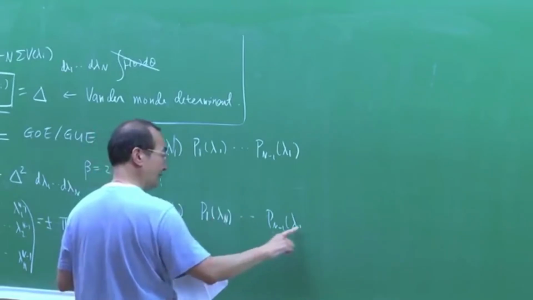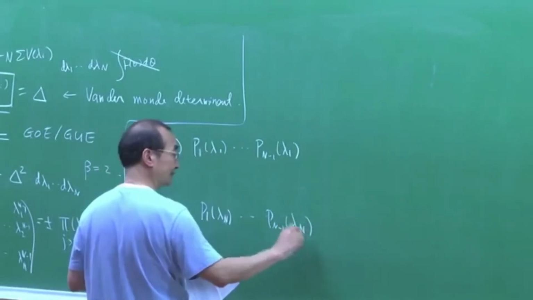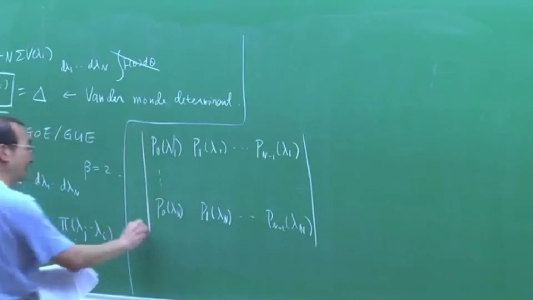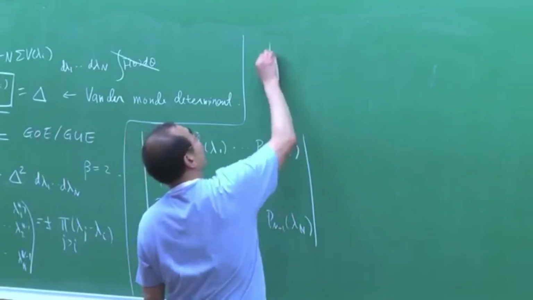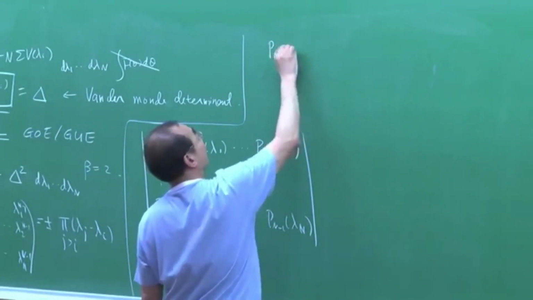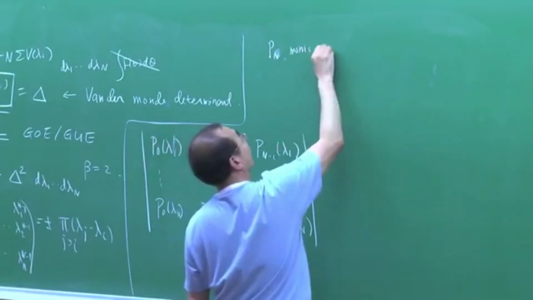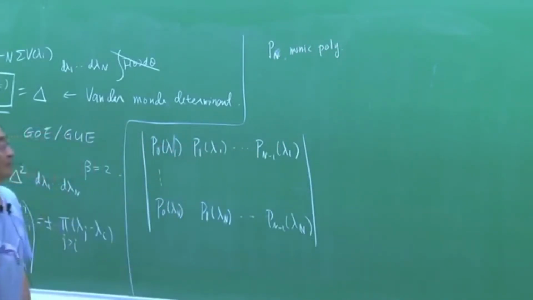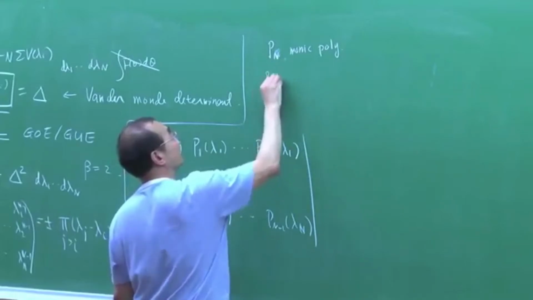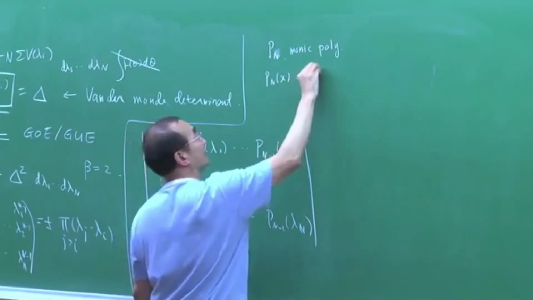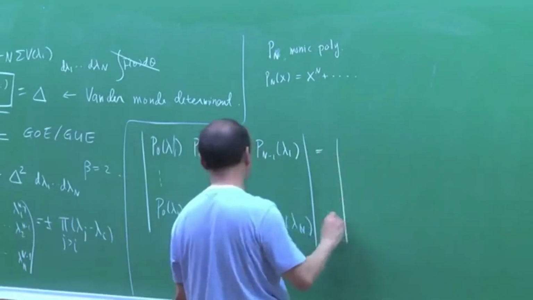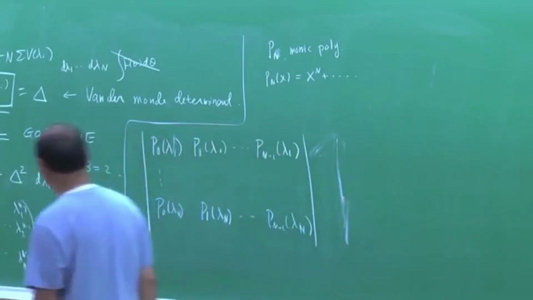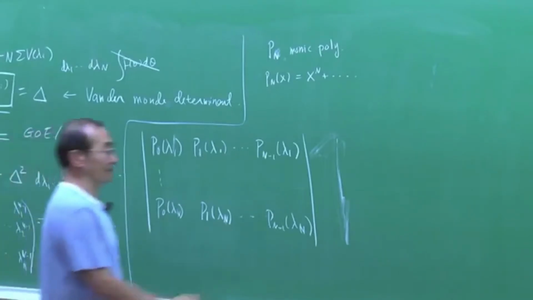I think the key idea is this. If you compute this determinant, and you ask that each Pn is a monic polynomial, where monic means Pn of x is equal to x to the n, the first coefficient is 1, then this determinant is the same as this. I give it a name. So this is the same as delta.